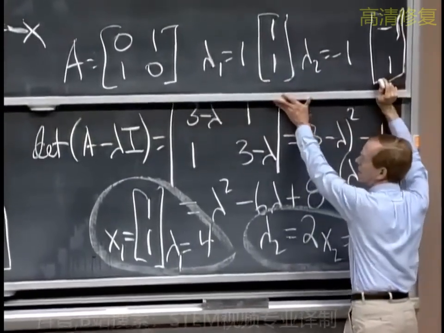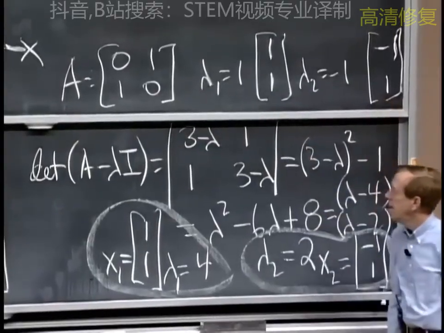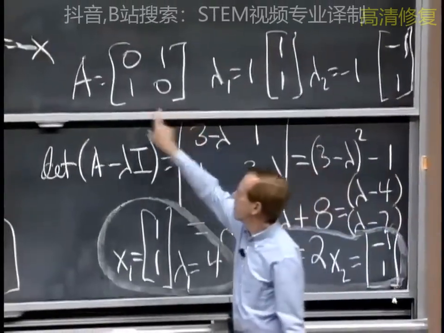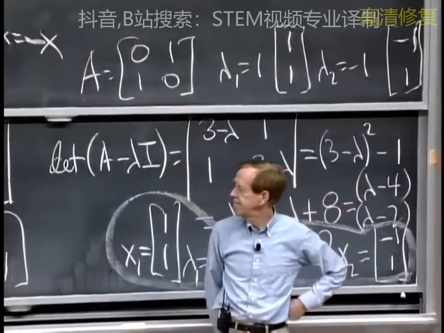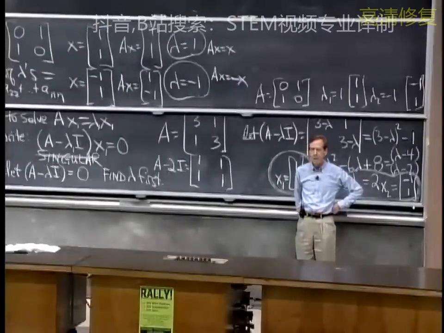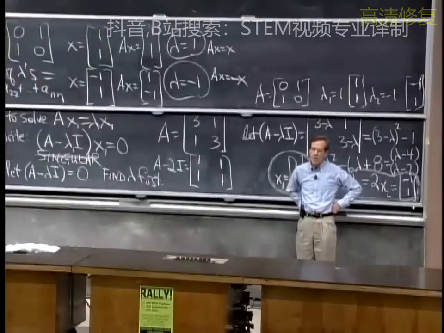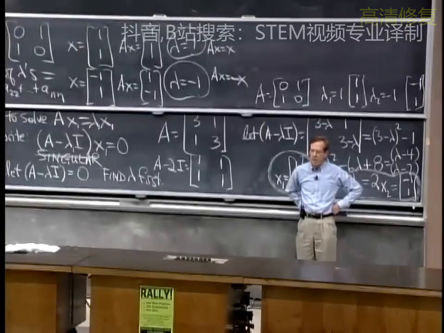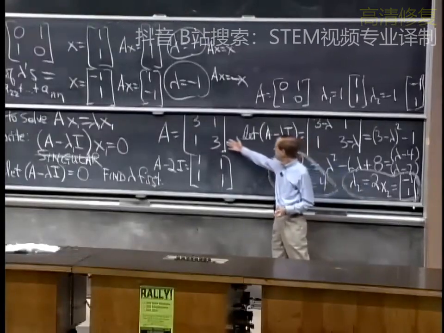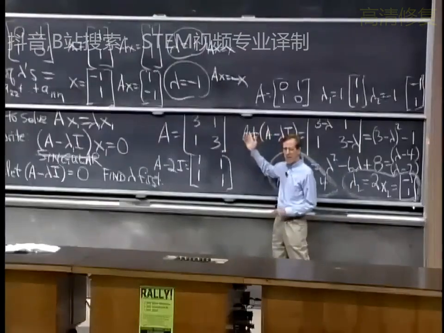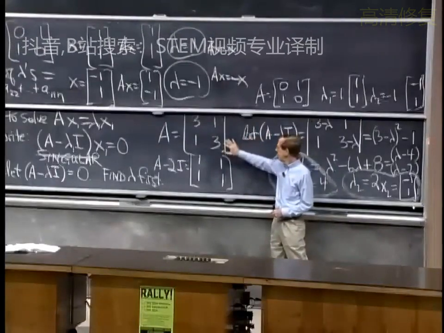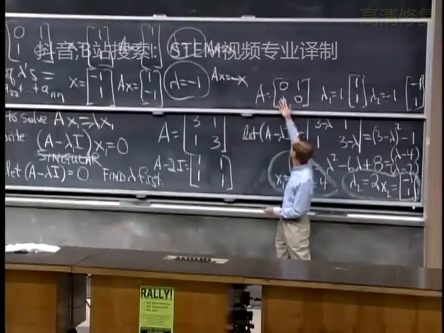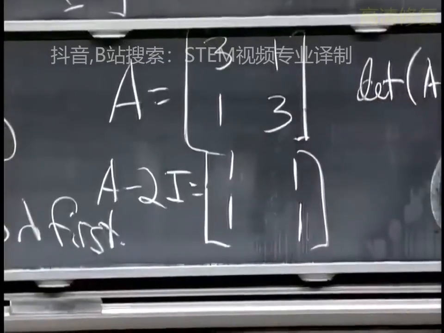And what do you notice? How is this matrix related to that matrix? Well, one is just 3I more than the other one, right? I just took that matrix and added 3I.